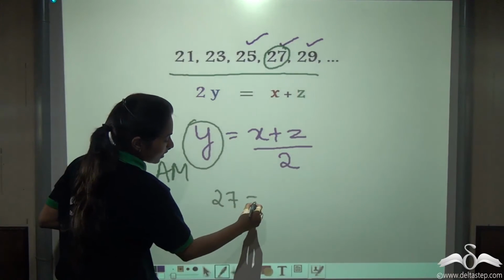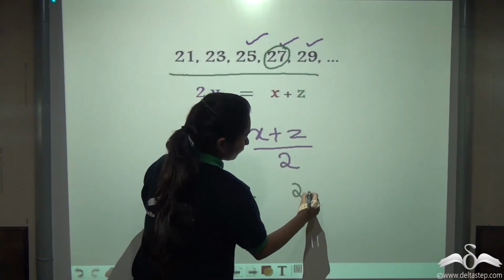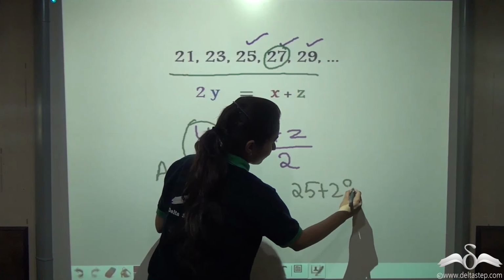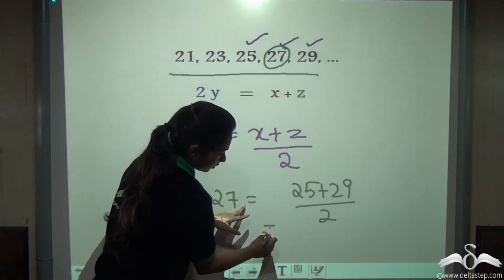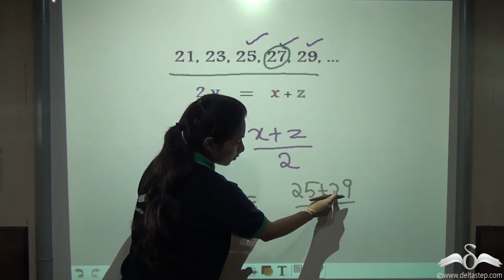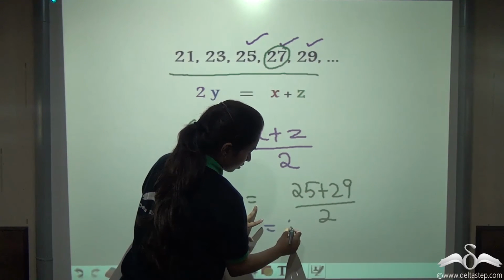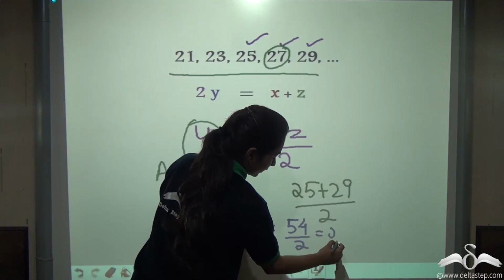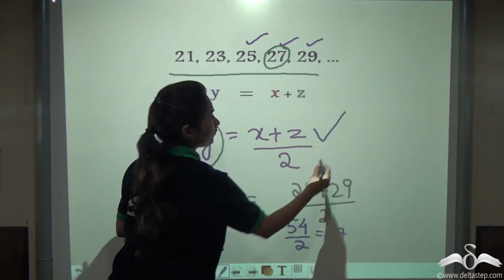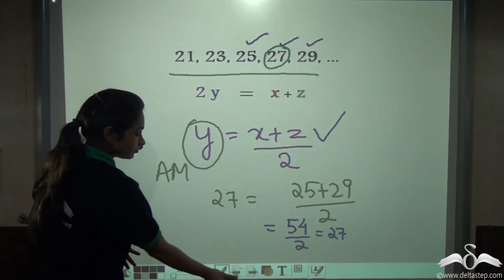You should get 27 when we add 25 plus 29 and divide it by 2. 25 plus 29 gives you 54, and 54 by 2 gives you 27. So this is fulfilled in this case also.